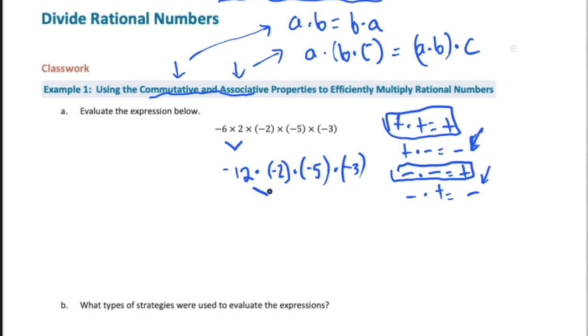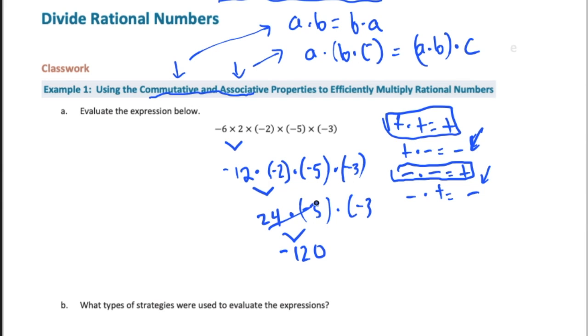Okay, so from left to right, this is positive 24 times negative 5 times negative 3. A positive and a negative gives me a negative number. 5 times 4 is 20, carry my 2, 10 plus 2 is 12.